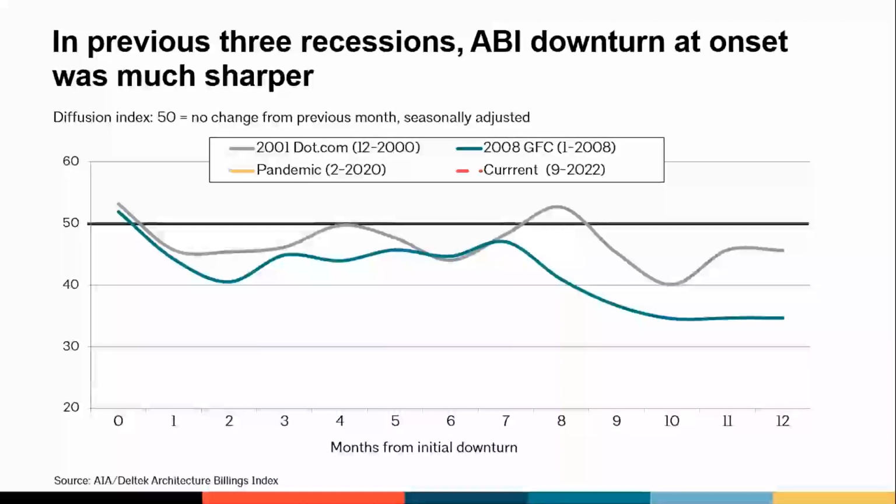So it goes up, but that just means it's less bad, from a chart perspective. And then the pandemic had super sharp declines, then lessening declines, until about a year in, we started to see growth. So we've really been hovering around this 50.